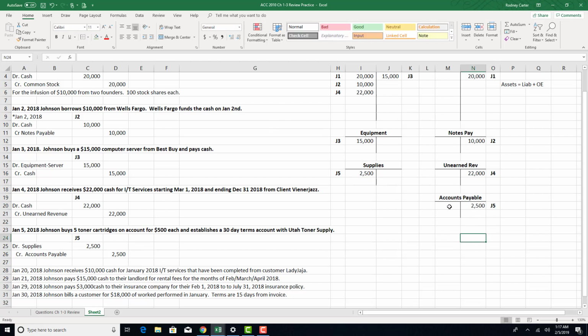J5. Okay, so I have toner supplies here in the supplies account, and I have accounts payable. This is an asset account. I'm going to move these to supplies expense when I use them, and that's for down the road.